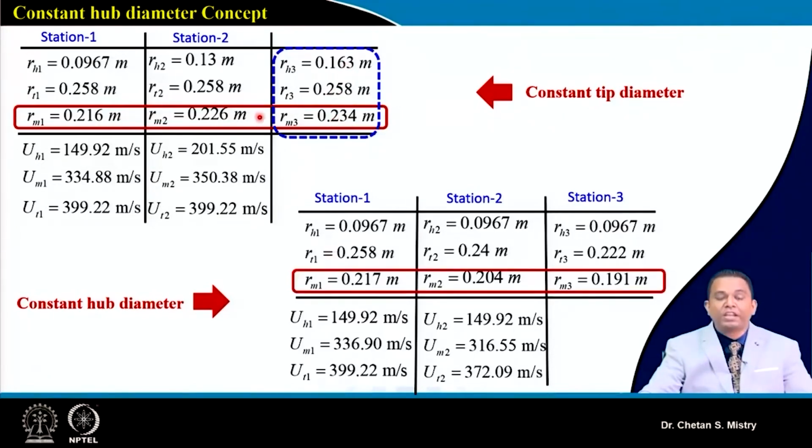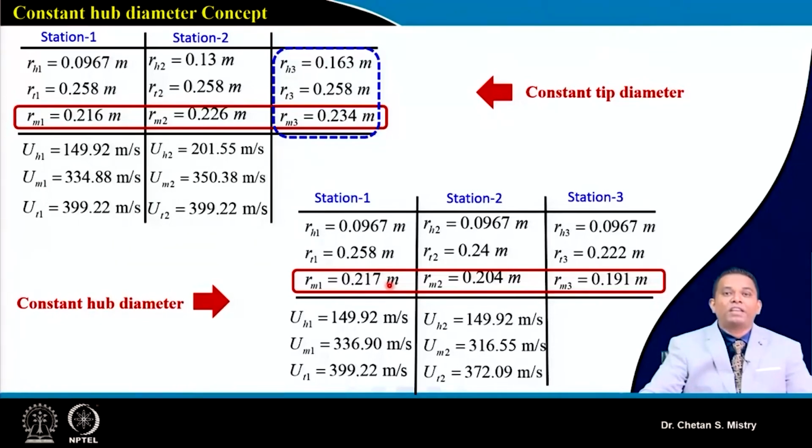Suppose we compare these two numbers. At mid station, you can compare this value: it is 0.226 for constant tip, and for constant hub configuration it is 0.204. At the exit also my mean radius is decreasing. So if we draw the line connecting all these points, it shows the flow moving towards the hub direction.